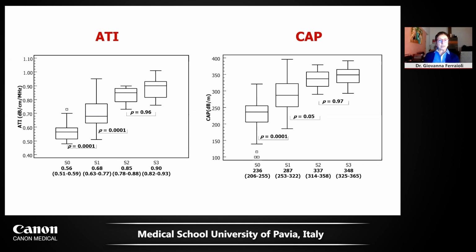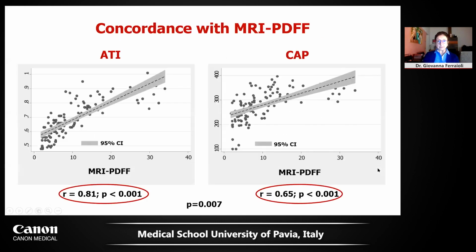What is really interesting, as you can see, the IQR: there was no overlap of IQR for ATI for S0, S1, and S2. Instead, for CAP, there's an overlap for all the 4 grades of liver steatosis.